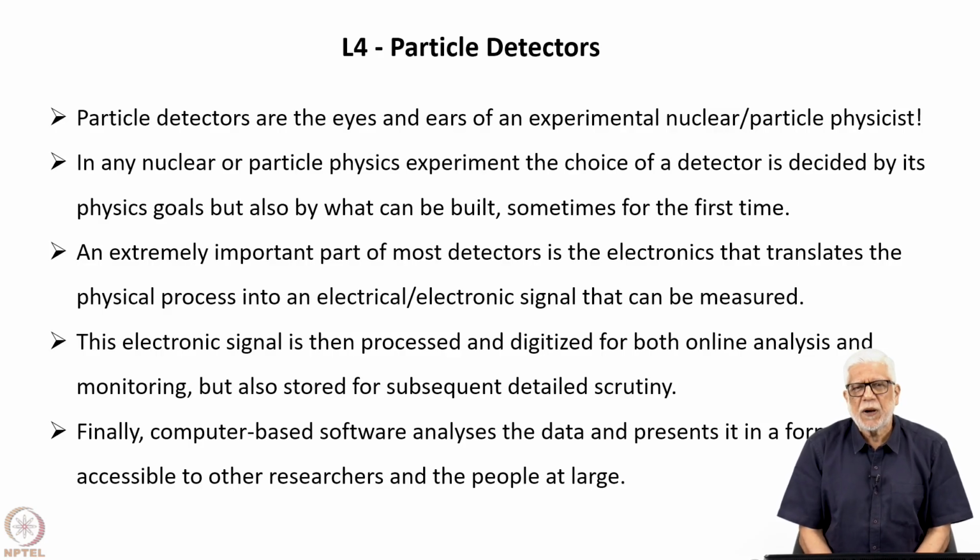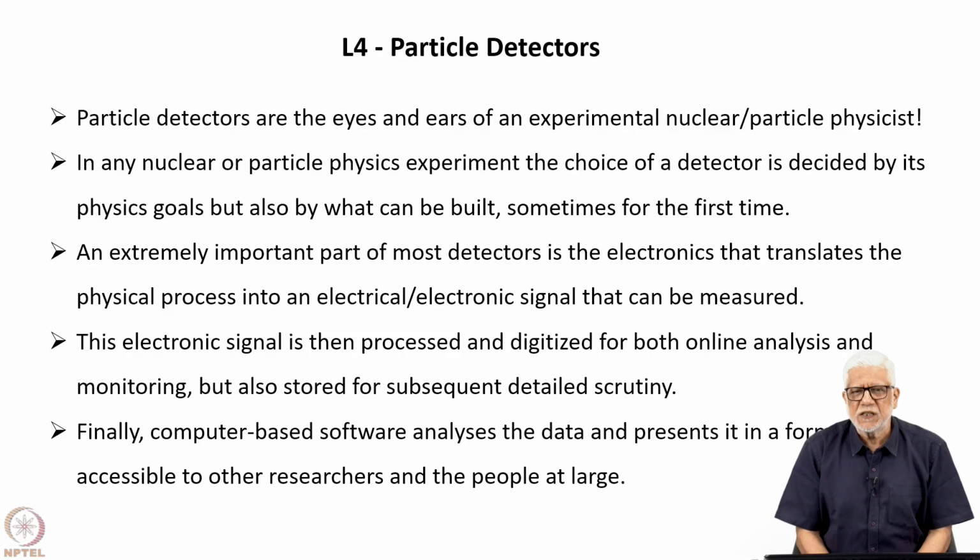An extremely important part of most of the detectors, there are some passive detectors as well, but most of them, is the electronics that translates the physical process into an electrical signal which comes out of the sensor that is used in the detector. And then this can be measured, it can be quantified, it can be digitized, and so on.